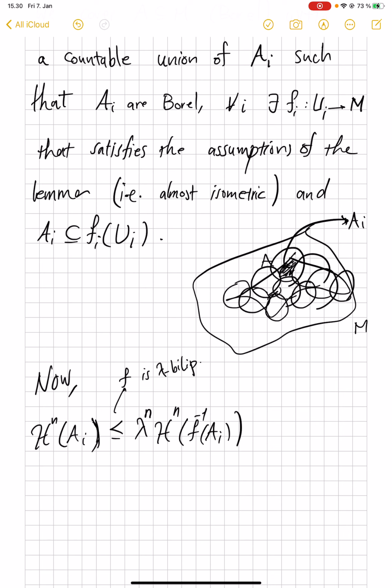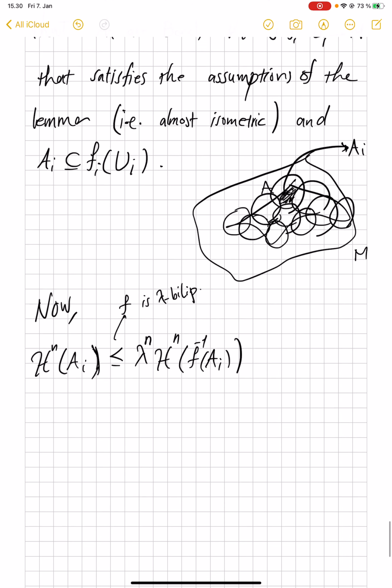And this is a universal fact about Hausdorff measure and how it behaves under bi-Lipschitz maps, or simply Lipschitz maps. And now we use the key lemma that on Rn, Hn is equal to Ln. And that tells me that this is Ln of f inverse of Ai. I know this is a measurable set also because Ai is Borel.